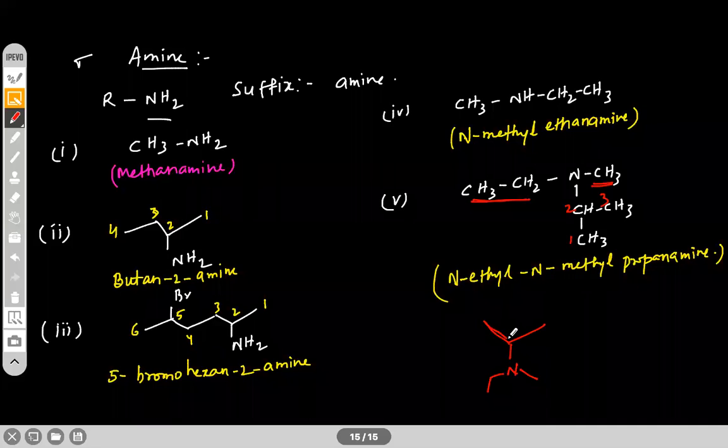Parent chain is this. Propane 2 amine we should write. The number I have missed. At second carbon will have this. So N-ethyl, N-methyl, propane 2 amine. Yeah, it is propane 2 amine, correct.